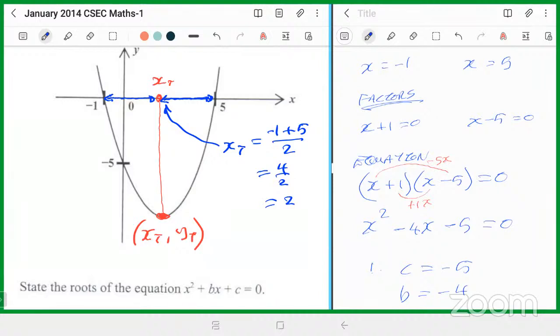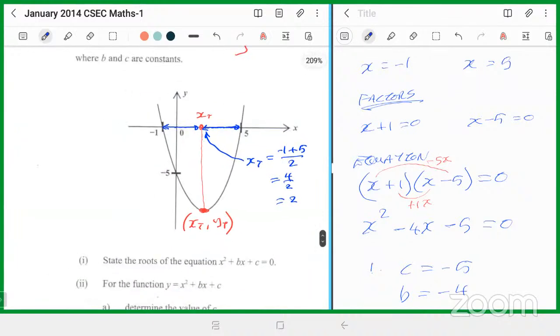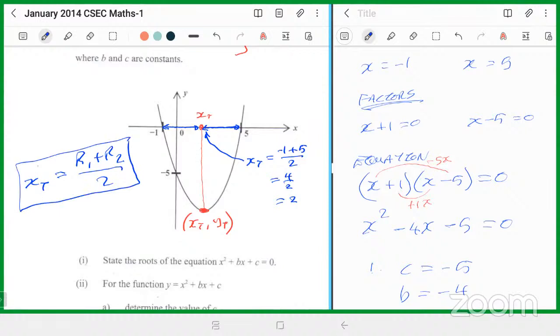Then you can get the xt value that way. So remember, the xt value is also equal to the average of the roots. Another way to find xt now, I'm telling you. So xt is x1 plus x2 divided by 2. The average of the roots. That's another way to find xt. Think we understand that, guys?